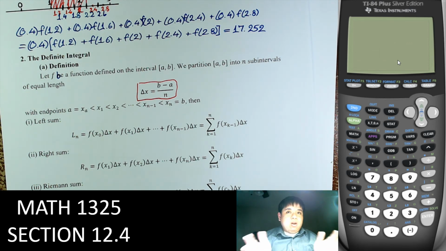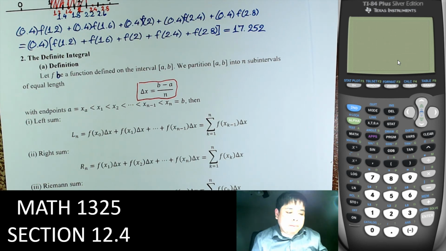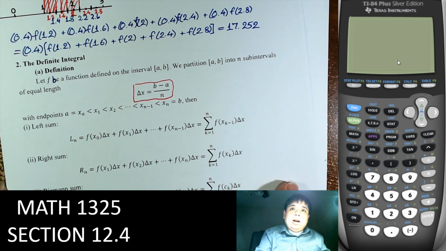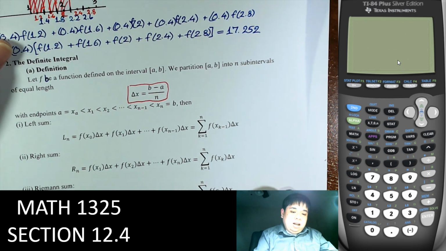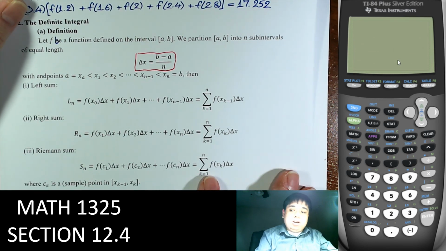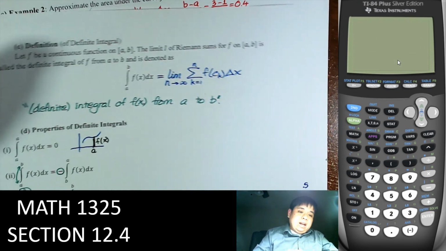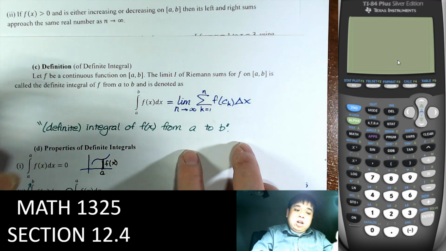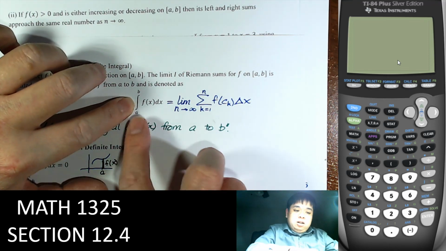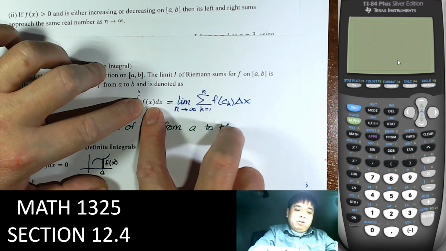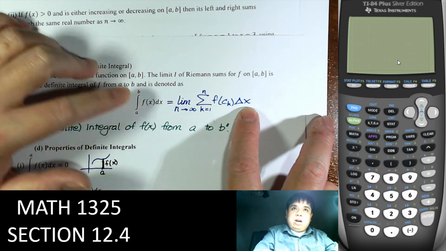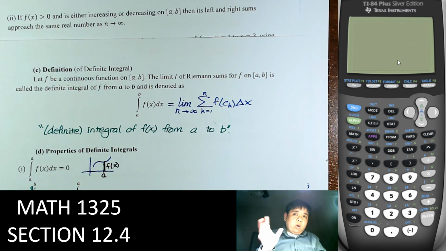Like I said, if the function is negative, we cannot just have area. So we have that, and taking the limit as n goes to infinity, we have the definite integral. And we should see there's a relation between the integral sign and the summation. The function is the height, dx is delta x. So there's a connection between those concepts.